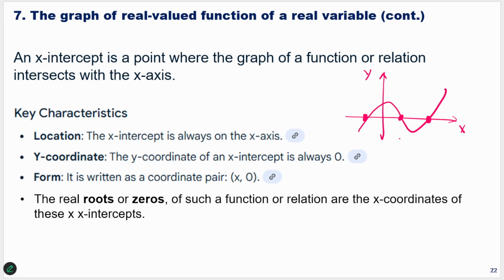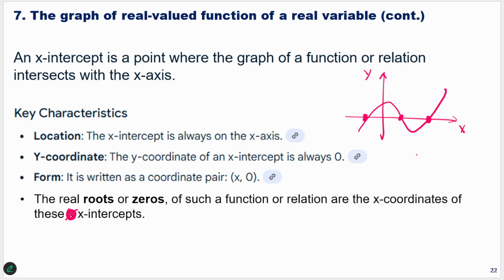Then it's written as a coordinate pair (x, 0), and sometimes we simply write the x coordinate of that point. And last, the real roots or zeros of such a function or relation are the x coordinates of these x-intercepts. Okay, any questions?